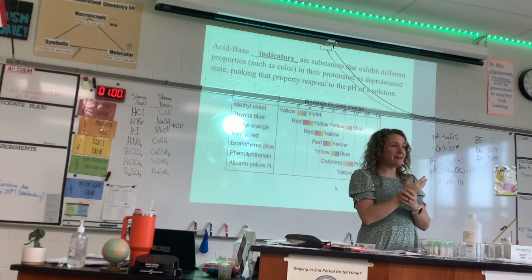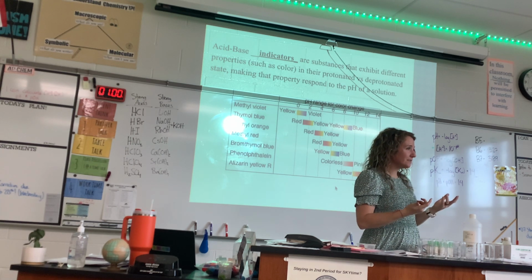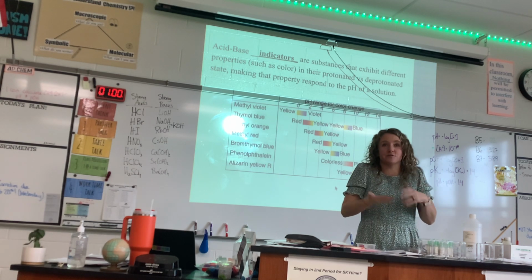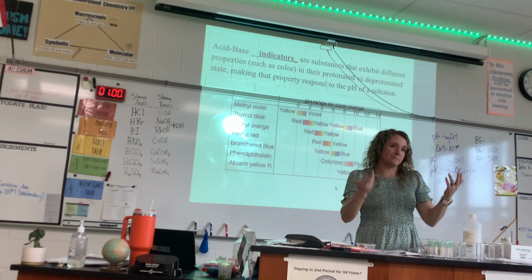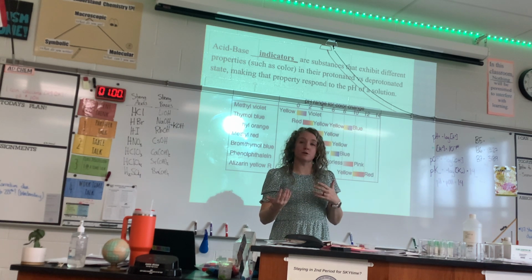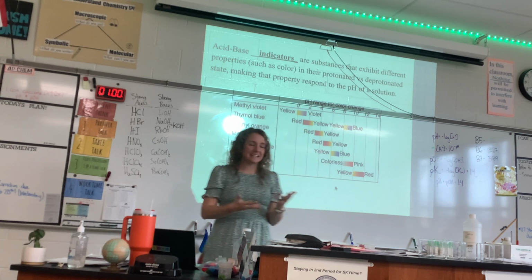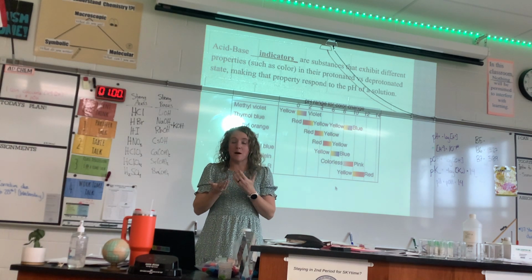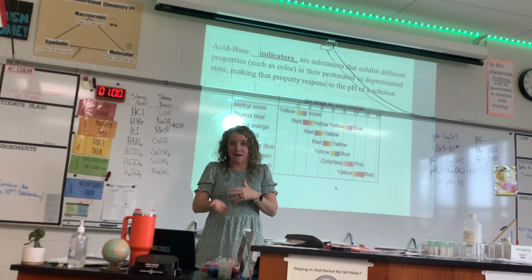Now we have things known as a pH meter, which you just, like a thermometer, stick in and it'll straight up give you the number. Those are the most accurate way of determining the pH. We have some more fun visual ways of determining pH, and those are indicators. Indicators are substances that change color depending upon the amount of H plus floating around.